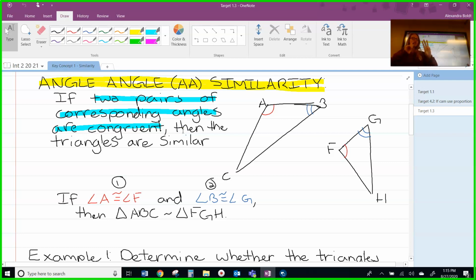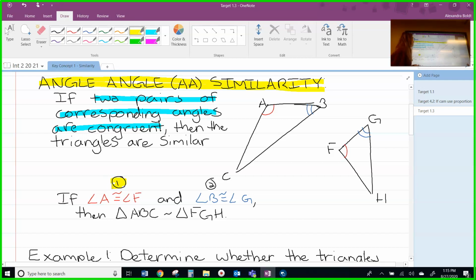Okay? So instead of having to do three angles and three sides, 6 different things, we only have to do 2 things. 2 pairs of angles. So if these were my 2 triangles and I knew angle A is congruent to angle F, this is my first pair.